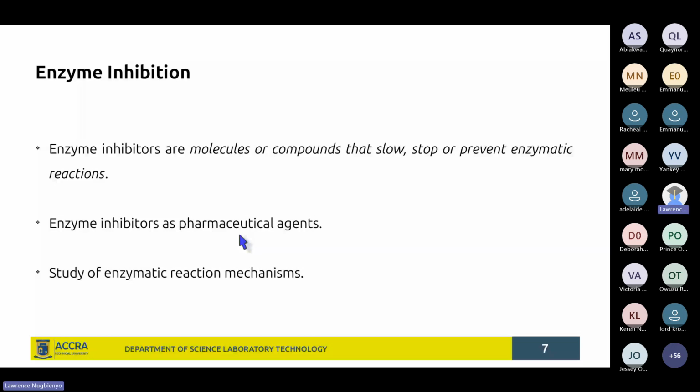We'll see some specific examples of the use of these inhibitors in drug development, and generally how knowing the mechanism of these enzymatic reactions can be applied in different ways.